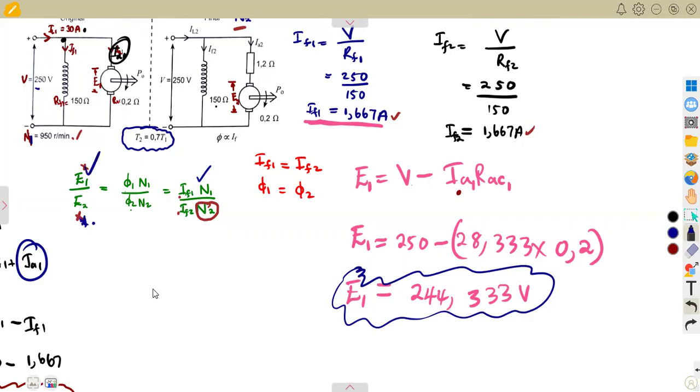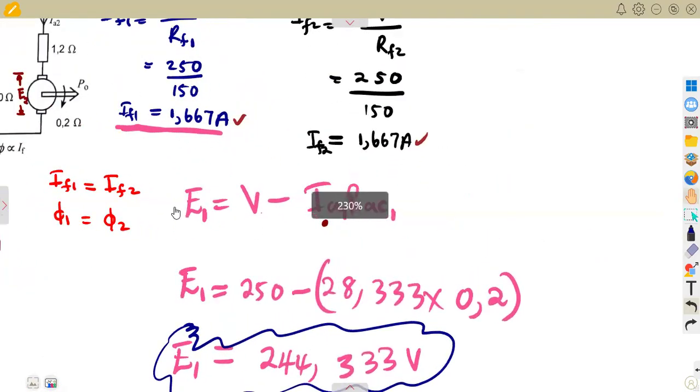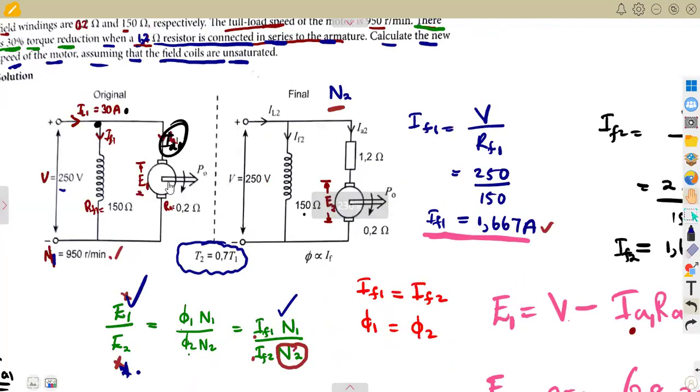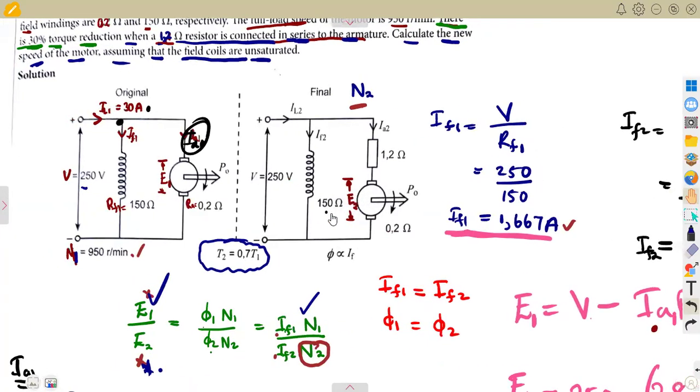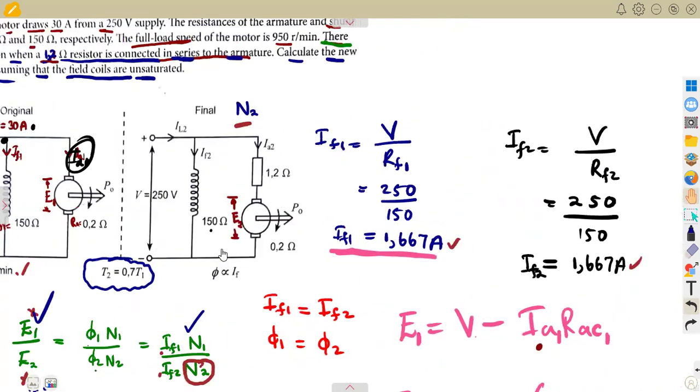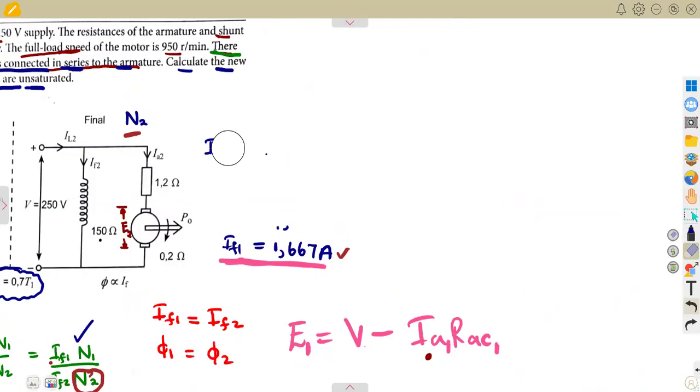We need E2. In the same sense, E2 is of the second, the final circuit. Remember, it changed. There is a generated EMF here and a generated EMF there, so we are supposed to consider the final one. I'm just going to take this off, so that we can utilize this space here. Remember, these two we said they are the same.